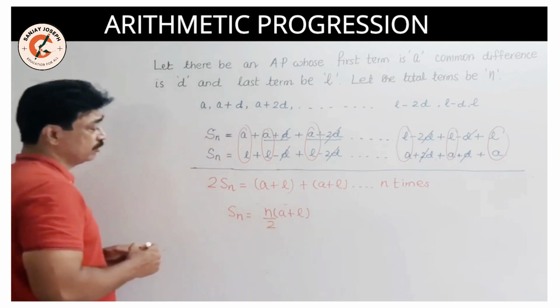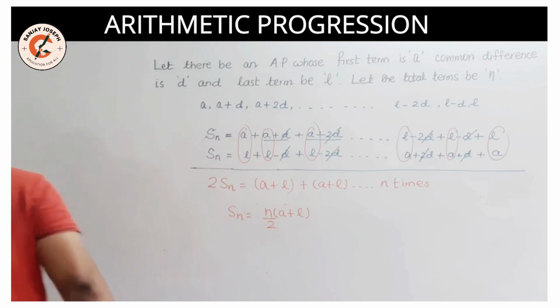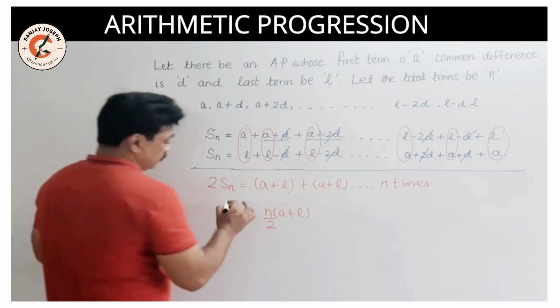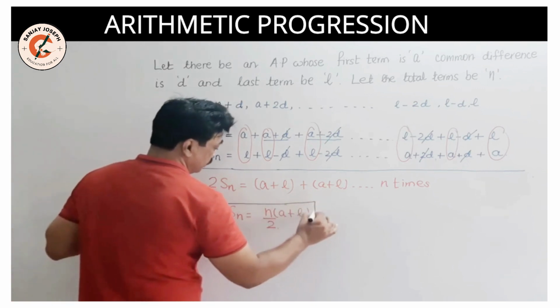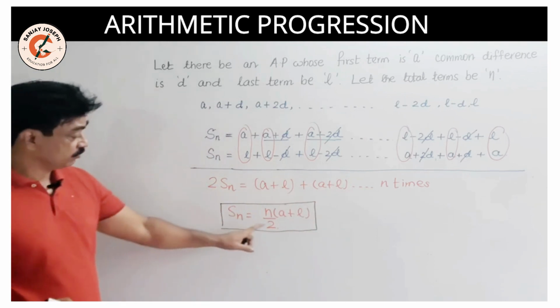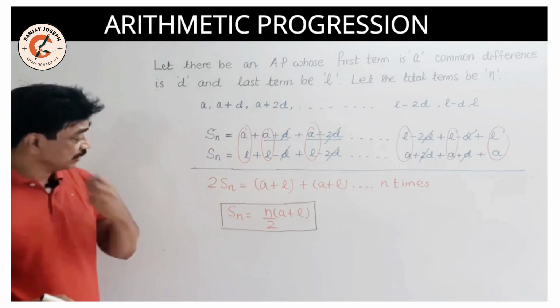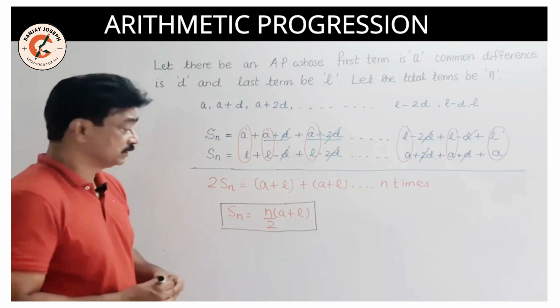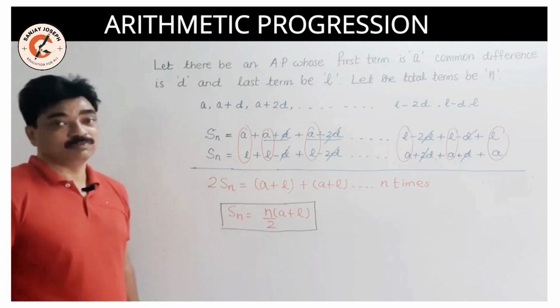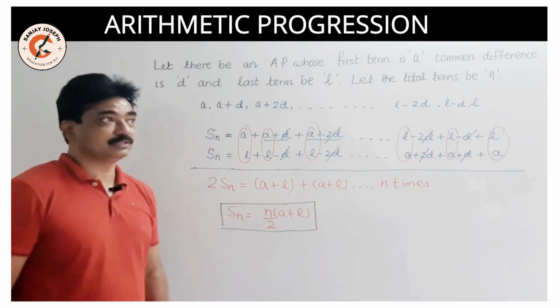So the first formula for AP is: sum of n terms is equal to n by 2 into A plus L. That is important here, children, that if you know the first term, the last term, and the number of terms, then you will be able to find out the sum of the terms. Alright, number 1, this is there.